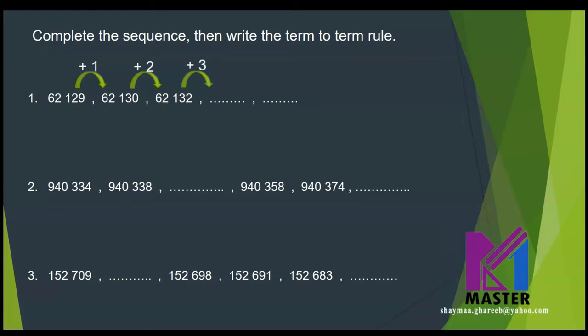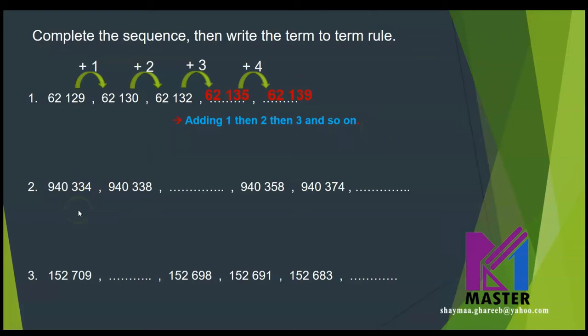So when I add 3 to this number, it will be 62,135. So the next will be adding 4. So when I add 4 to this number, it will be 62,139. And the term-to-term rule here is adding 1, then 2, then 3, then 4, and so on. Okay?